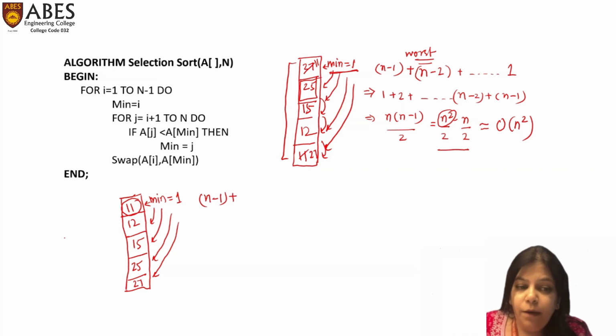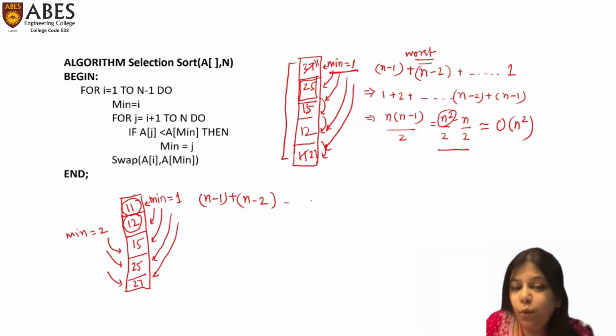Similarly, next time when minimum will store 2, that means this. Still, in order to check whether this is minimum or not, we have to compare it with the rest of the elements. So in this case also, the number of comparisons will be n minus 2 and so on.